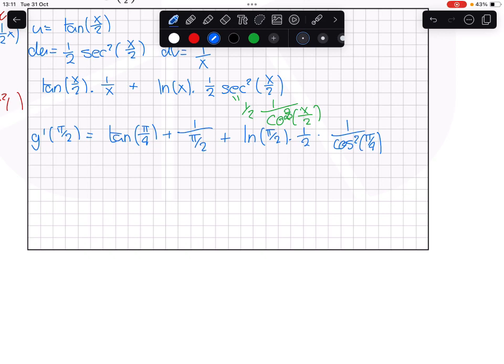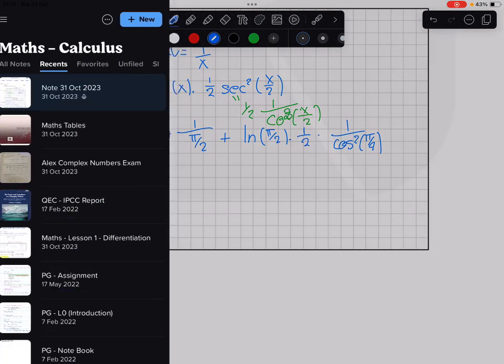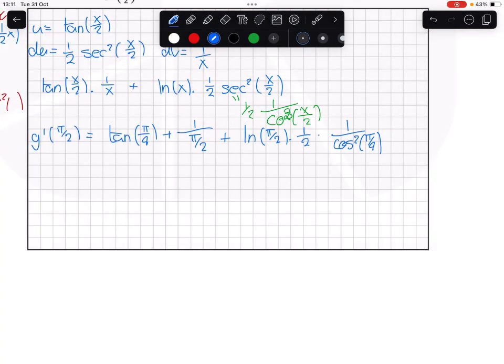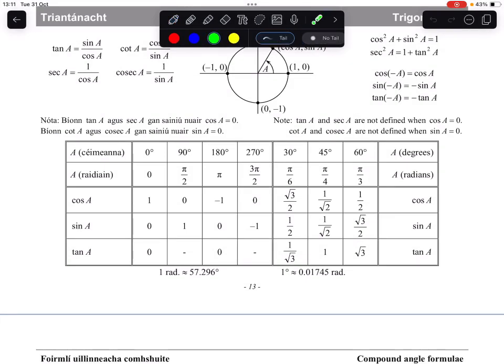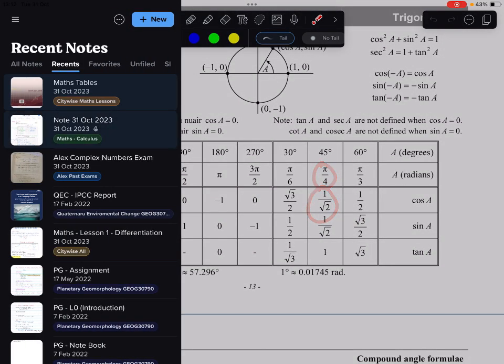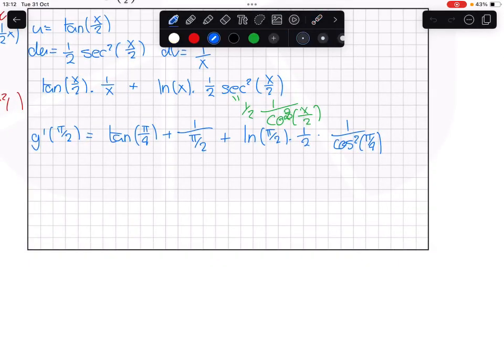Remembering these, tan of pi over 4, we have the cos squared of pi over 4. What do we get? Well, if we go back to the tables again, we have tan down here, and if we look at where pi over 4 is, we can see that that one's equal to 1. And then if we go to 1 over cos squared, we're going to have cos of a. When we stick in pi over 4, we're going to get 1 over root 2. So right here, this is equal to 1.